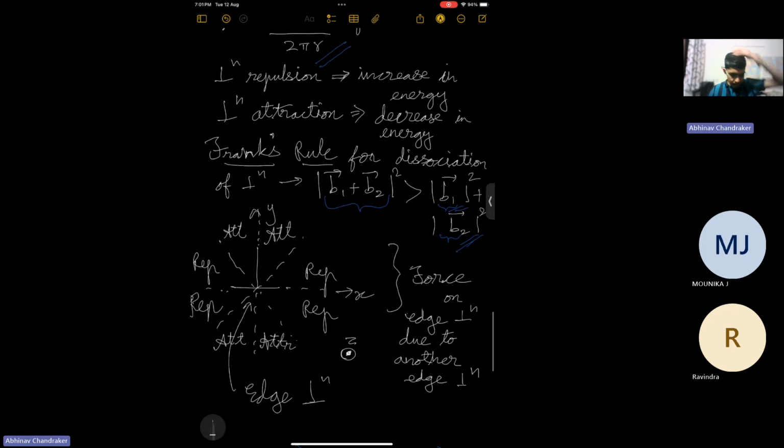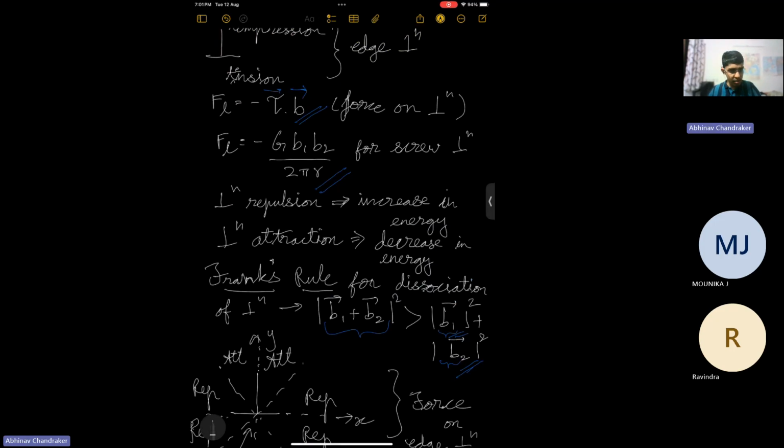Then we know that the screw dislocation will have only a shear stress field around it, but edge will have both hydrostatic and shear. So the interaction between two edge dislocations will be much more complicated compared to that between two screw dislocations.